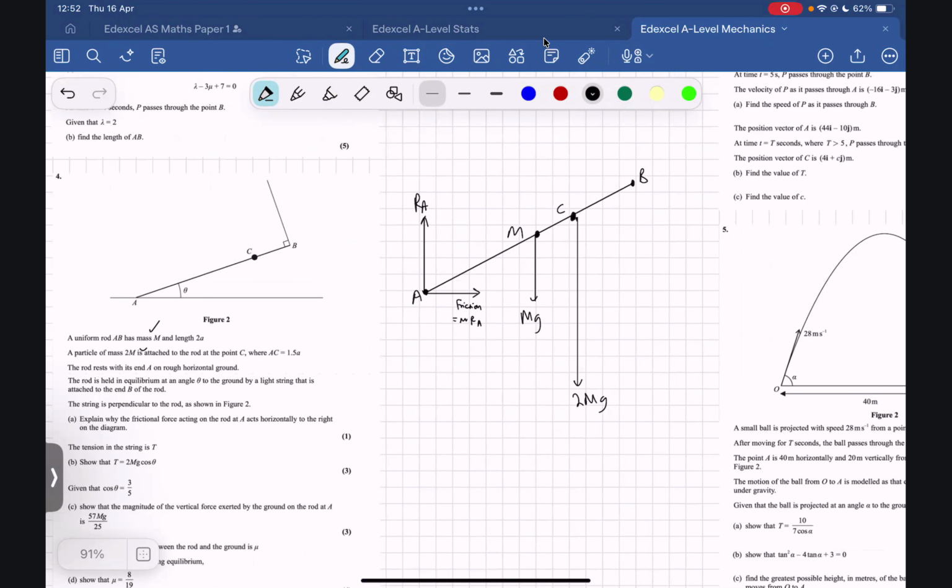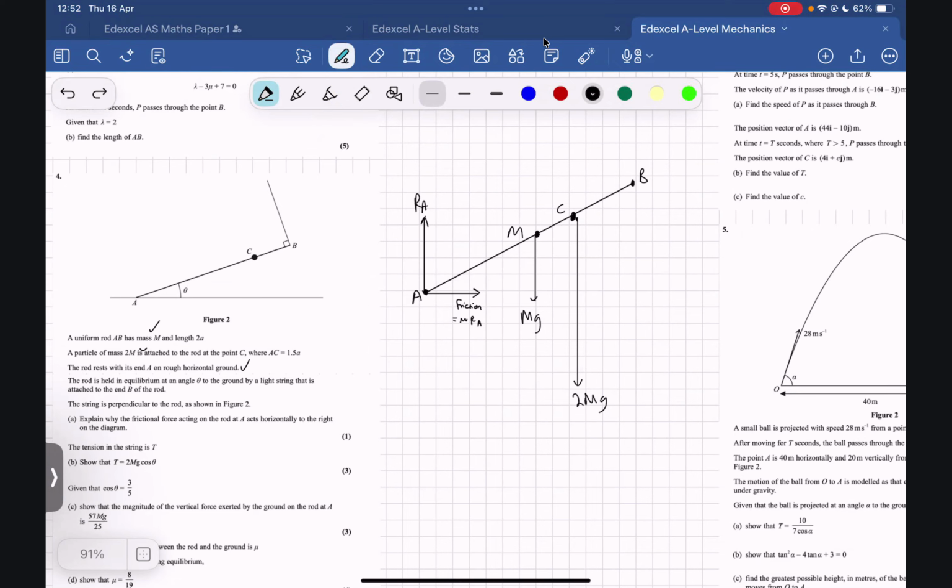So I've included this now. It's held at equilibrium, so we can use our usual strategy. And it says explain why the friction is acting horizontally to the right. It's because it's opposing the motion. The ramp would slide to the left, right? Okay, perfect.